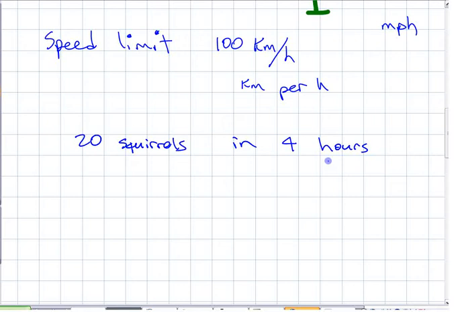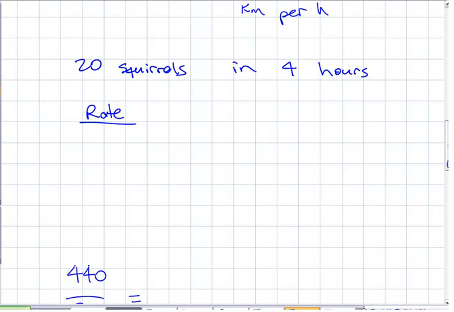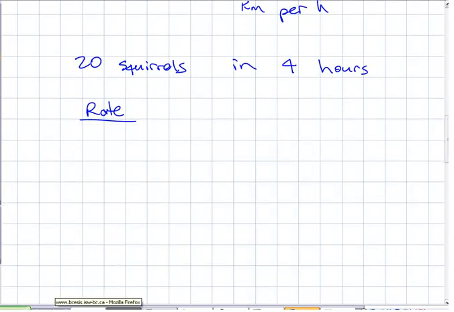But let's say we counted 20 squirrels went by in 4 hours. You could express it as a rate. To express it as a rate, you could actually express it as 2 different rates.